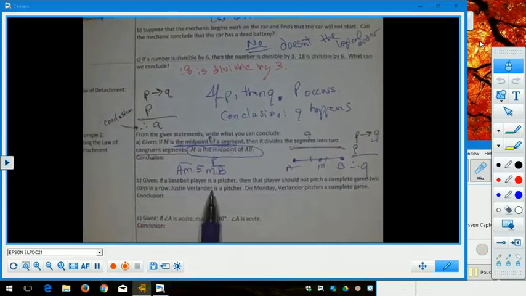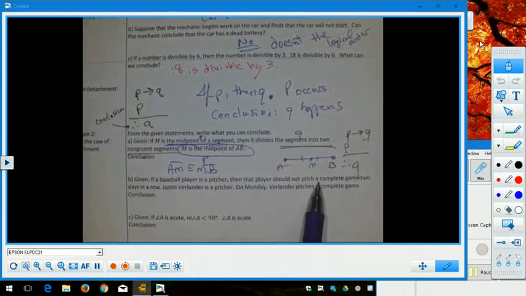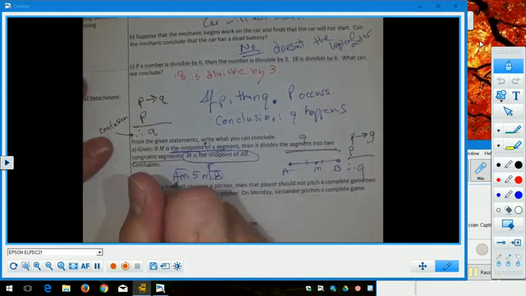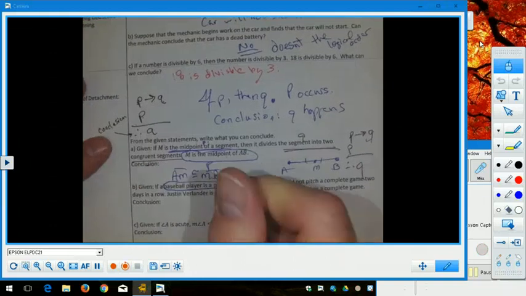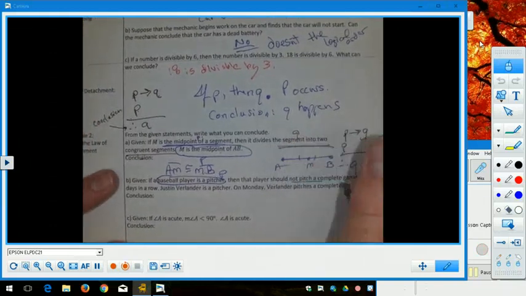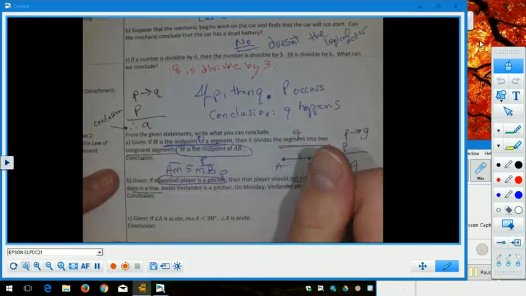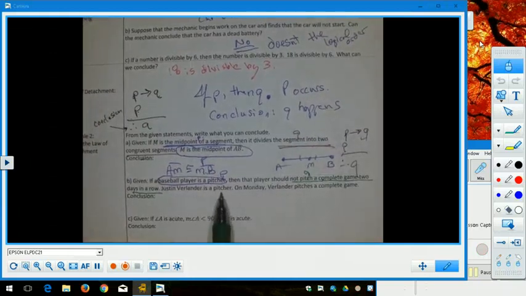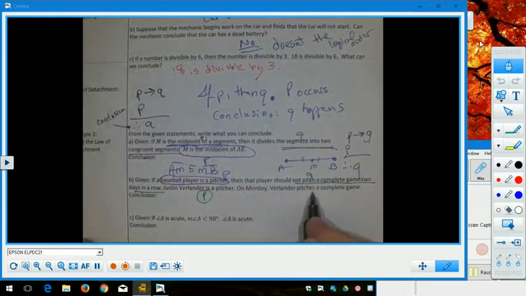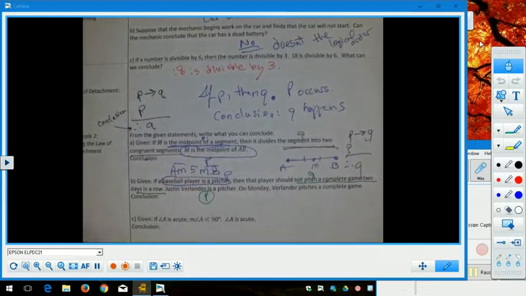Letter B. If a baseball player is a pitcher, then the player should not pitch a complete game 2 days in a row. So if you have a pitcher, that's our P. Our Q is that they should not pitch the complete game 2 days in a row. Justin Verlander is a pitcher. That's P. On Monday, Verlander pitches a complete game.